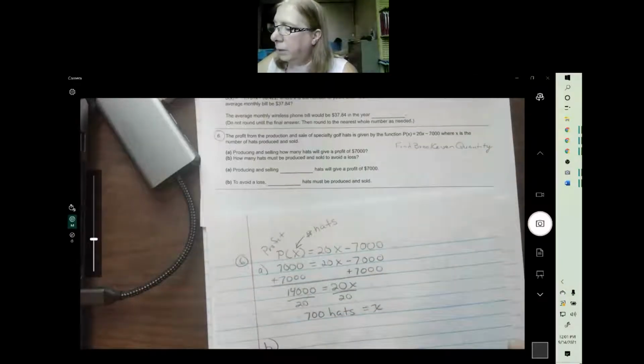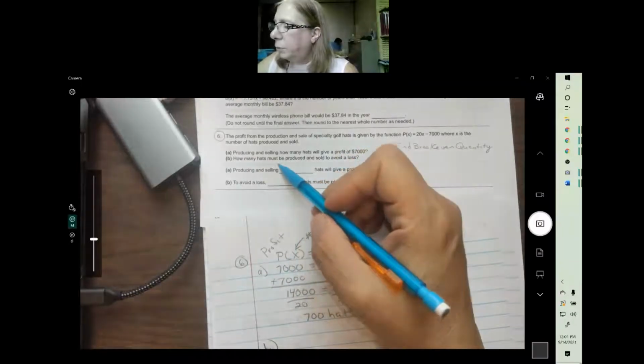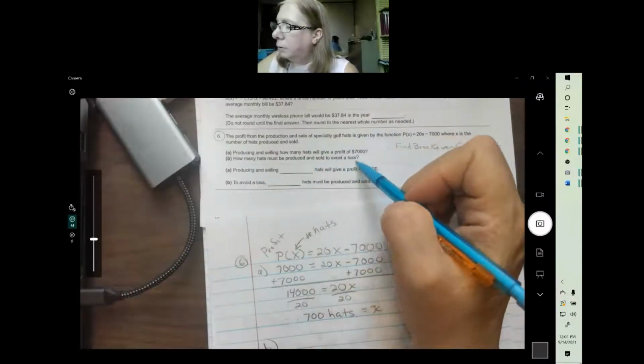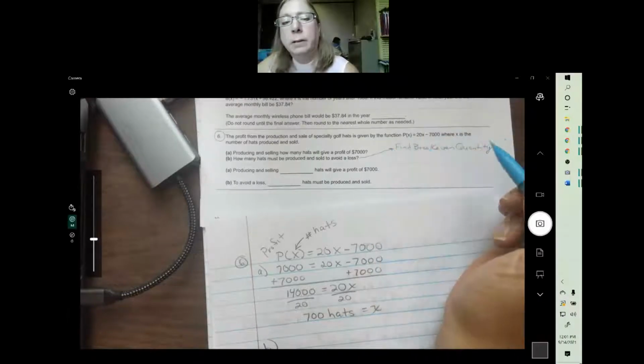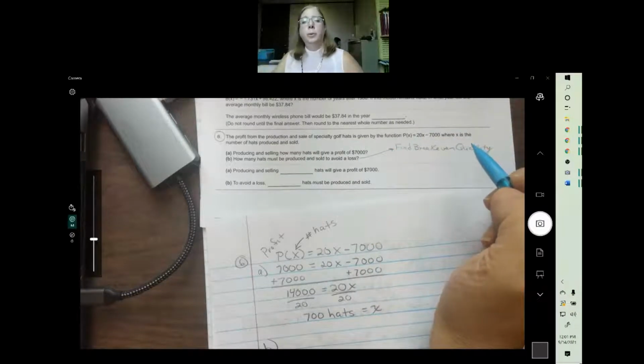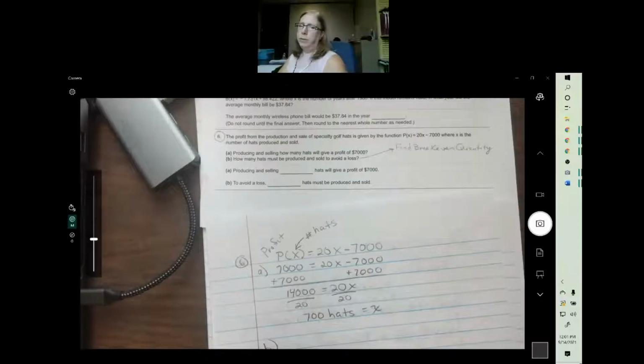Part B, how many hats must be produced and sold to avoid a loss? To avoid a loss means you need to break even. To break even, just like before, we set the profit equal to 0.